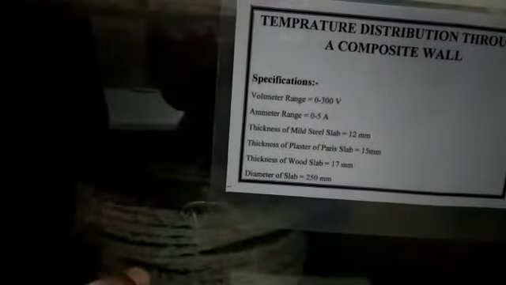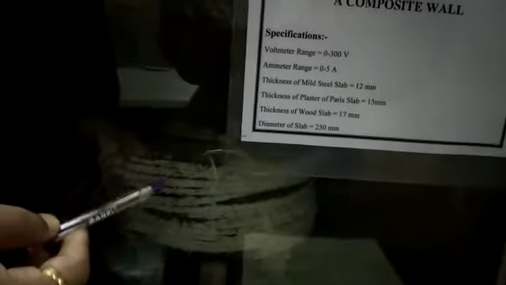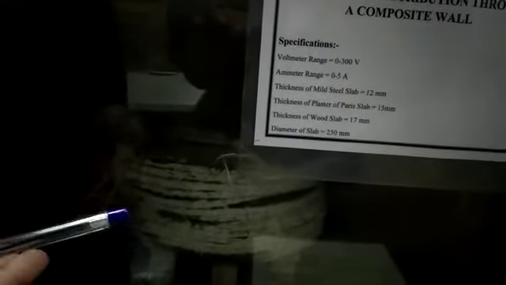That combination is at the lower end, and at the upper end the same is there: mild steel, plaster of Paris, and wood. Between these two slabs there is a heating coil. Also we can observe that there are thermocouples attached at each interface of the slab.